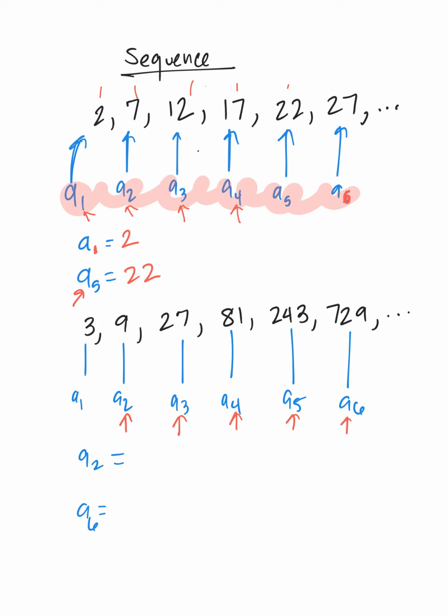If I was to ask you what is a sub 2 equal to, you would figure out, well, that's a 9, so that's what it is. What is the sixth position in my sequence? You would count, right? Here's 1, 2, 3, 4, 5, 6. So my sixth number in this sequence would be 729.